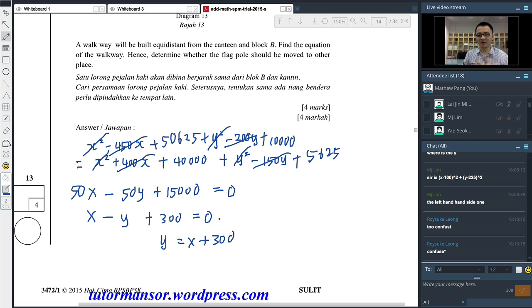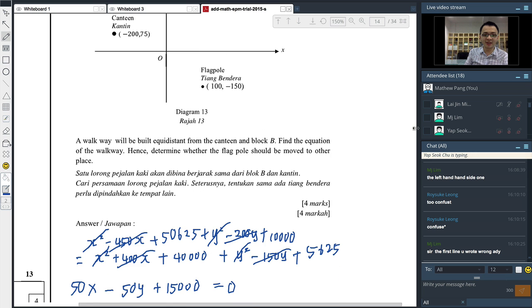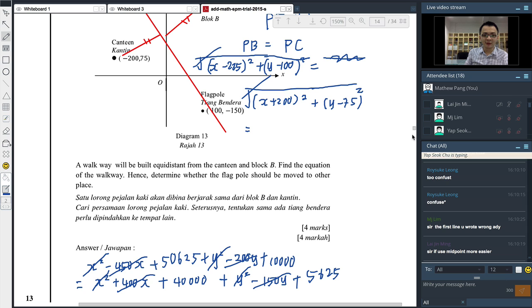Am I doing something wrong there? Okay, just let me see my equation. 2 multiplied by 225 is negative 450. Positive 400.